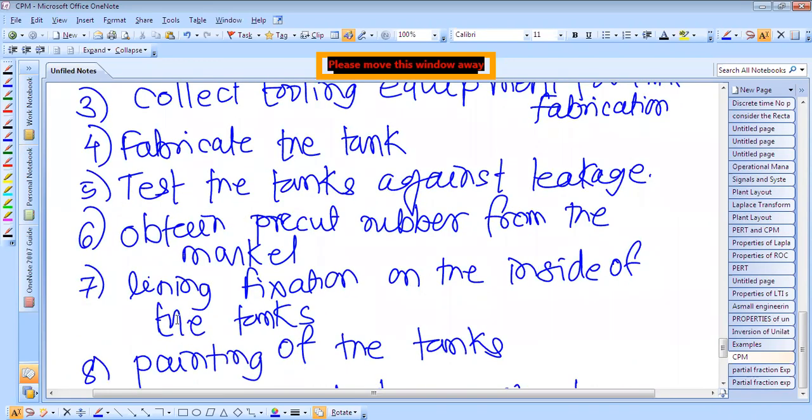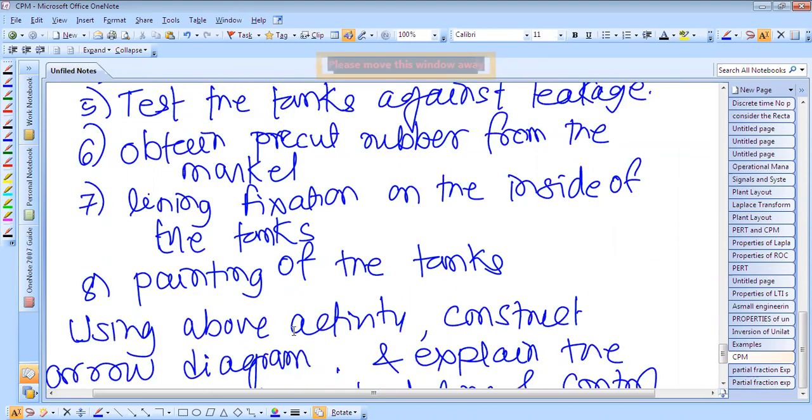Next, the lining fixation on the inside of the tank. And once it is over, we have to paint the tank. So these are the activities for the fabrication of the tank for an electroplating shop.